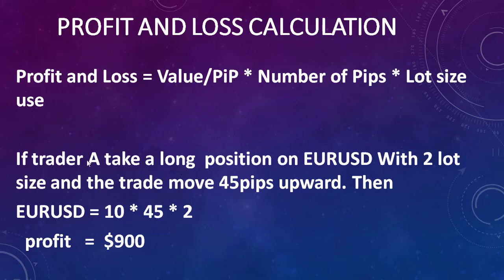Let's say, for example, a trader A takes a long position, that is a buy, on EURUSD with 2 lot size, and the trade moves 45 pips upward, that is in its direction.